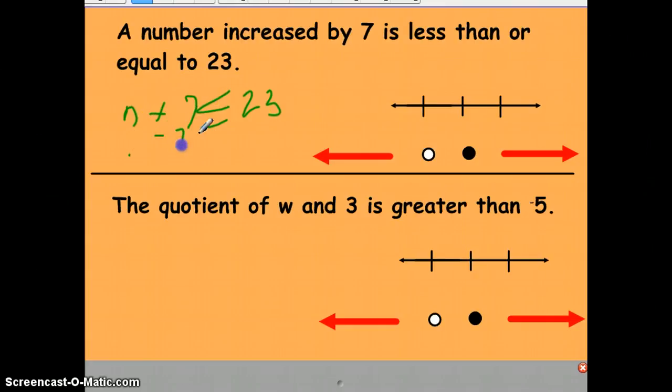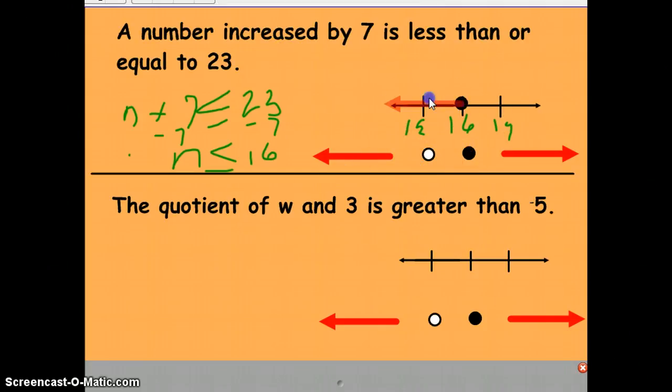So we want to subtract 7, and now we see that n is less than or equal to 16. So now we go to our graph: 15, 16, 17. We know that we are less than or equal to, so that's our closed circle, and our arrow pointing in this direction.